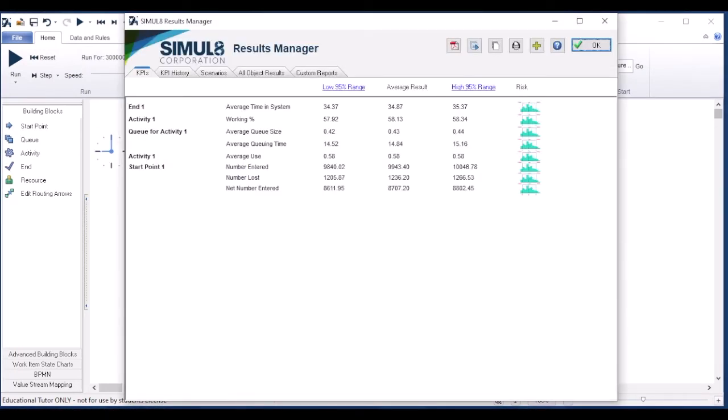The results are done. Now let's compare the numbers. The theoretical number for the average queue length is 0.431 from the lecture notes, and here we have 0.43. And the average queue time we have is 0.246 hours.